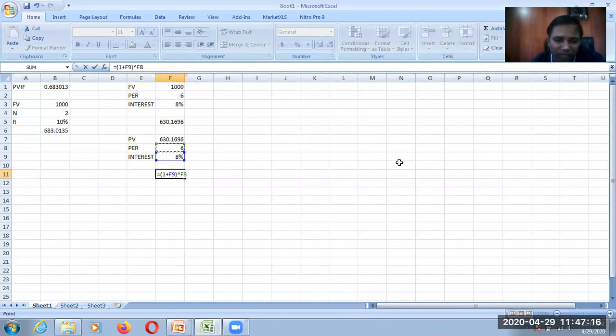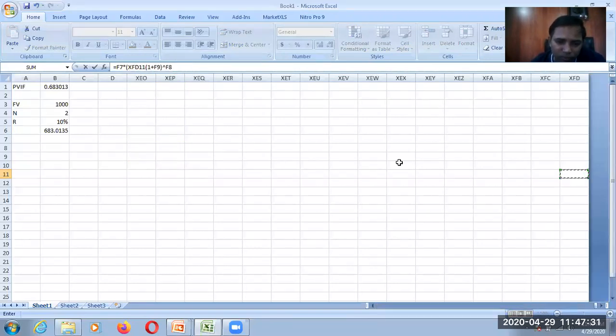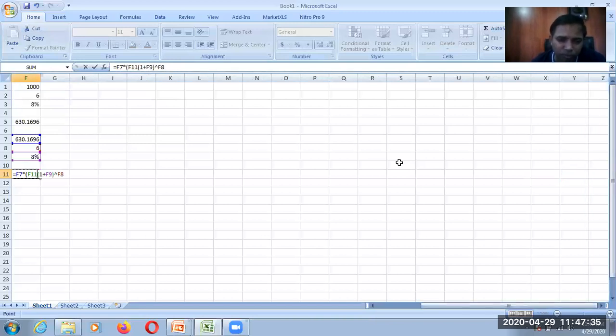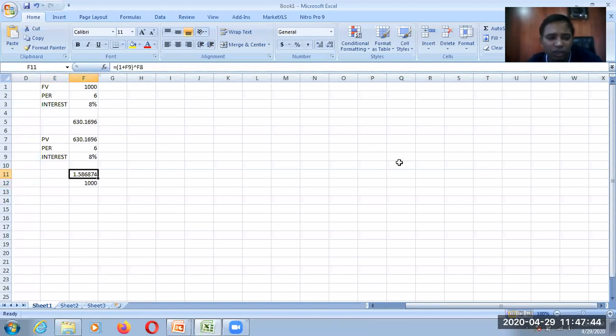This becomes my factor value, and if I multiply the present value, 630, by this value, it comes to 1000.